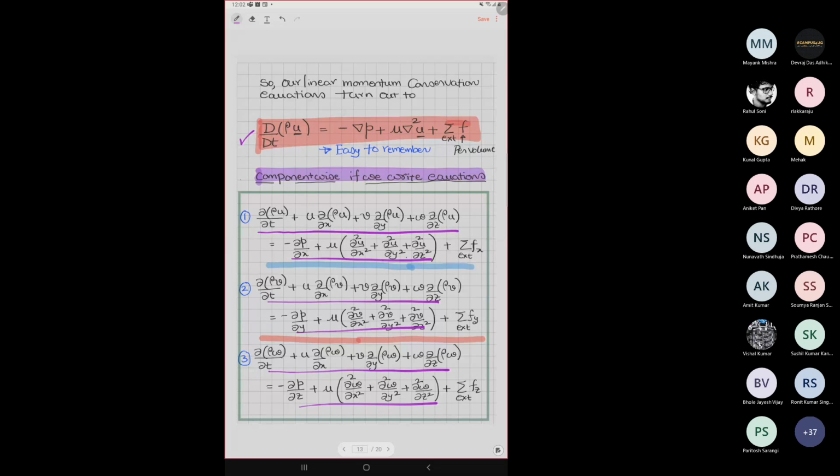The easiest thing is remembering the Gibbs notation or inertial notation. The rate of change of momentum is equal to the gradient of pressure plus your viscous forces. This is what we call, because of viscosity, viscous forces. This is because of pressure.